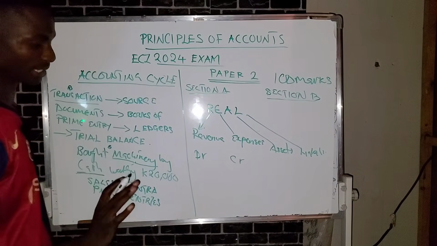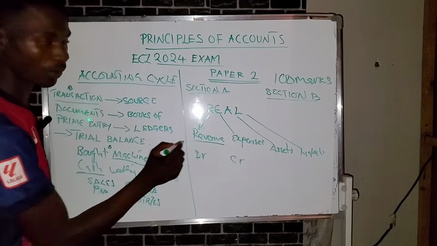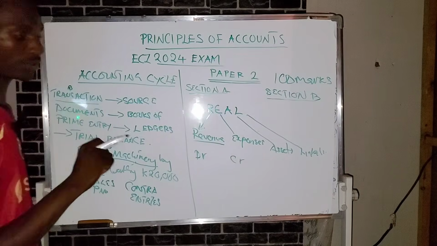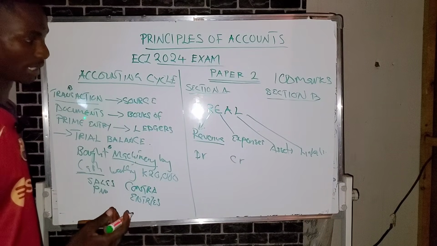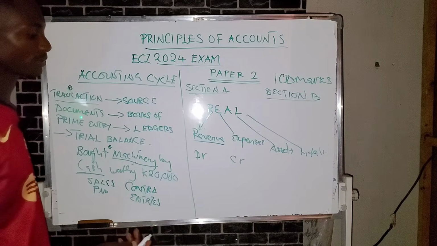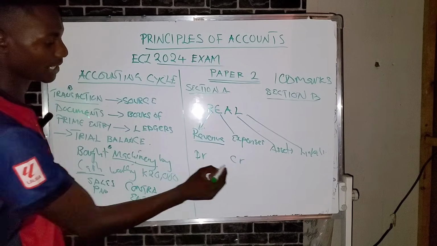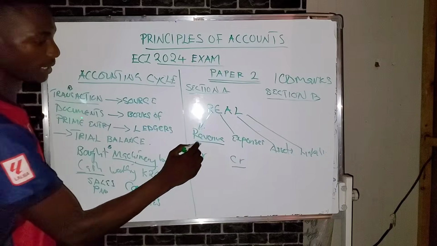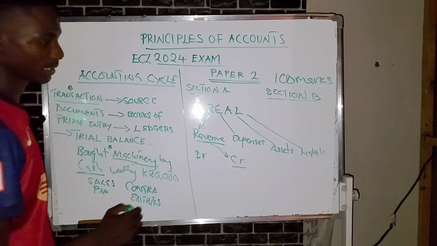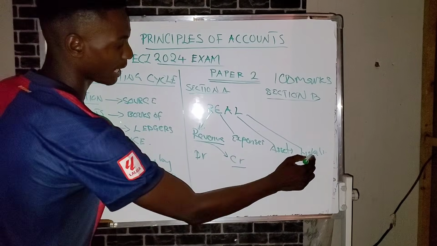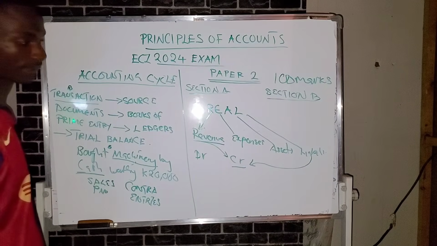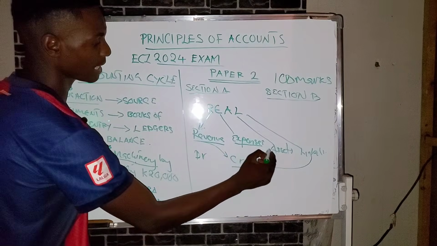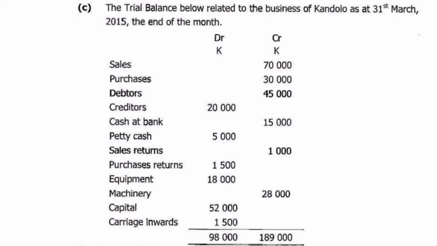Hear me nicely. Revenue or income, for example discount received, commission received, something received. Those are examples of income. You credit. Revenue, we credit. What else do we credit? Liabilities. Liabilities, we credit. Expenses and assets, we debit.